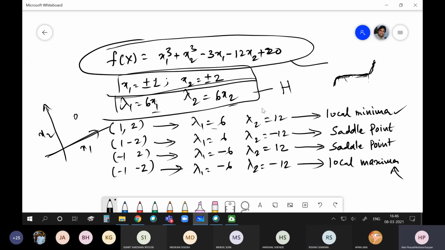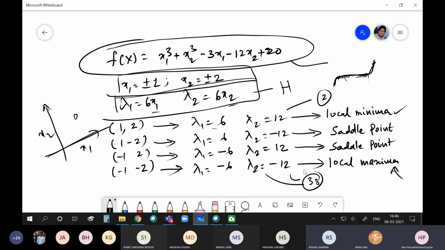What is the minimum value which we get and what is the maximum value which we get? Tell me. 2 and 38. Minimum is 2, and the maximum is 38.